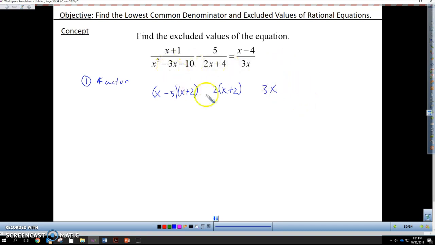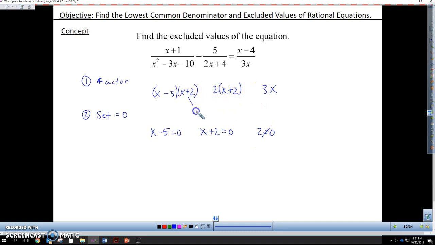So I factored my denominators. Now I'm going to set each one equal to 0. So x minus 5 equal to 0 here. x plus 2 equal to 0. Here I can take 2 and set 2 equal to 0. We just end up throwing this out, so we ignore this.